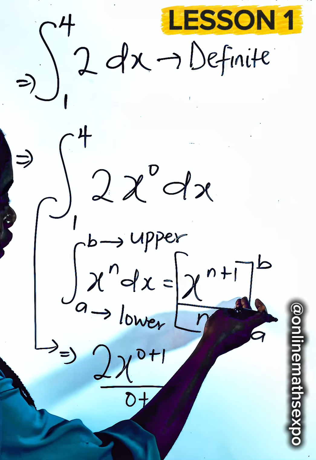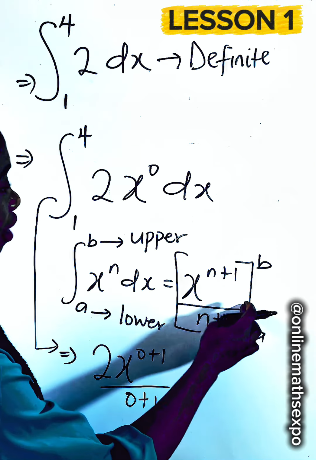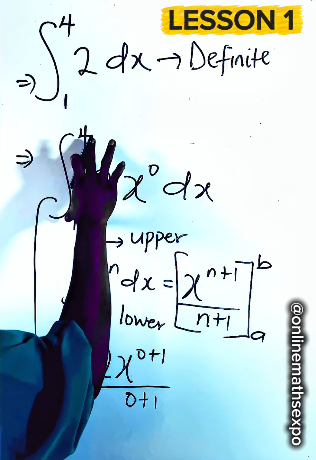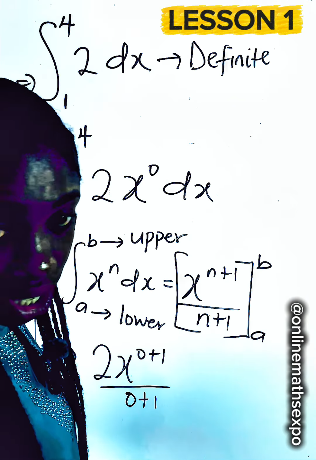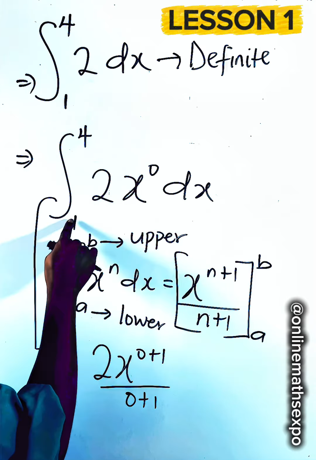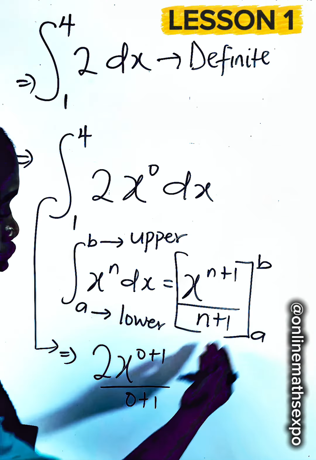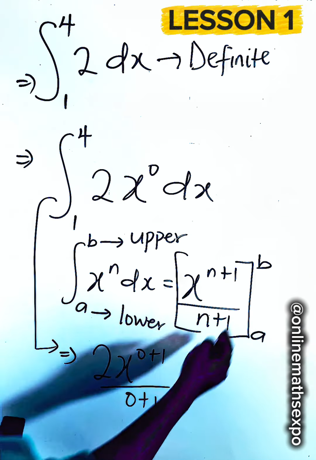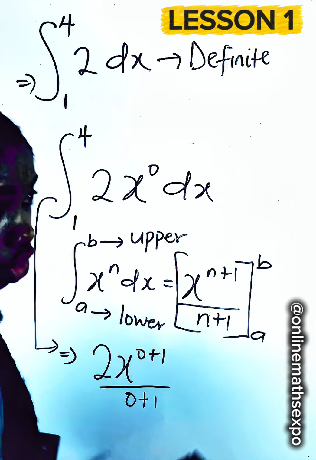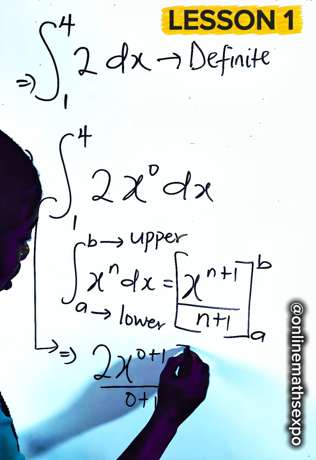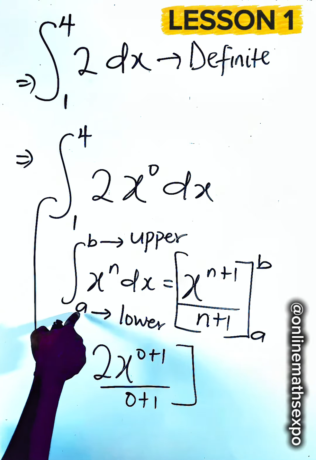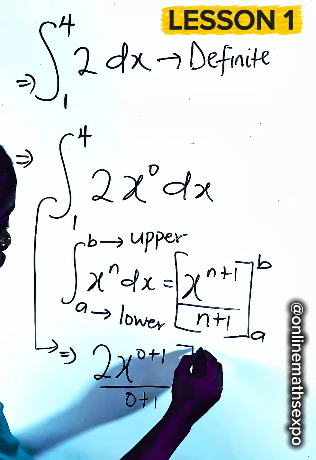Yes, because I told you in our last teaching that whenever you have a definite integral like this, there is no need to introduce your constant k. But if it is indefinite, like the one we have been doing before, you can introduce your constant. So for this definite integral, no need to introduce constants. So this is what we have, and we are integrating from our a, which is 1, to 4.